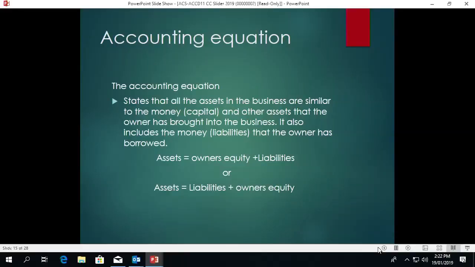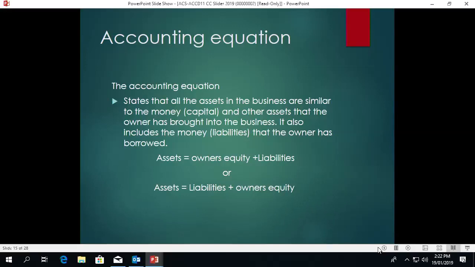Okay, now the first topic that I want to talk about is the accounting equation. Normally in the accounting equation, the formula is: assets equal owner's equity plus liability.